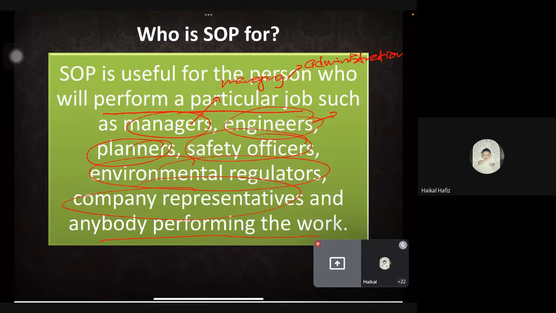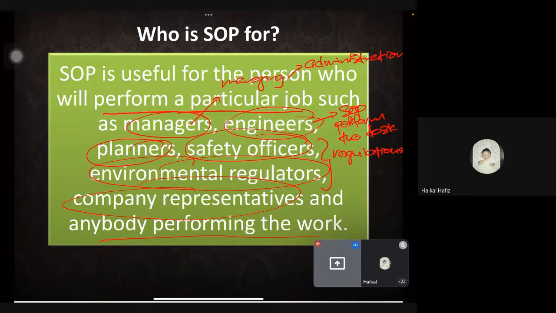Engineers and planners, maybe to make sure that the SOP will be helpful in performing the task. For safety officers and environmental regulators, maybe they want to know whether you follow the regulations.